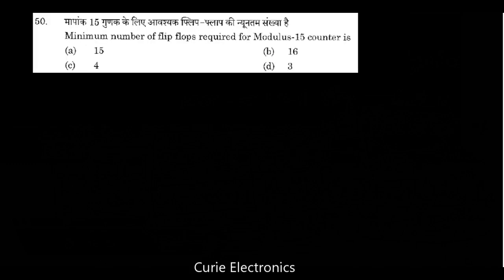Question number 50. Minimum number of flip-flops required for a modulus 16 counter. If you have a 4-bit counter, how many states are there? That means we get 2 to the power n, where n is the number of flip-flops. If we take 4 flip-flops, we can count up to 16.